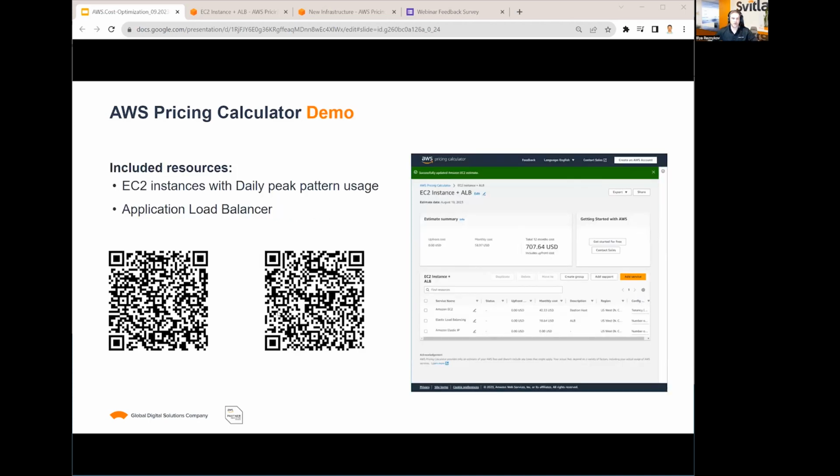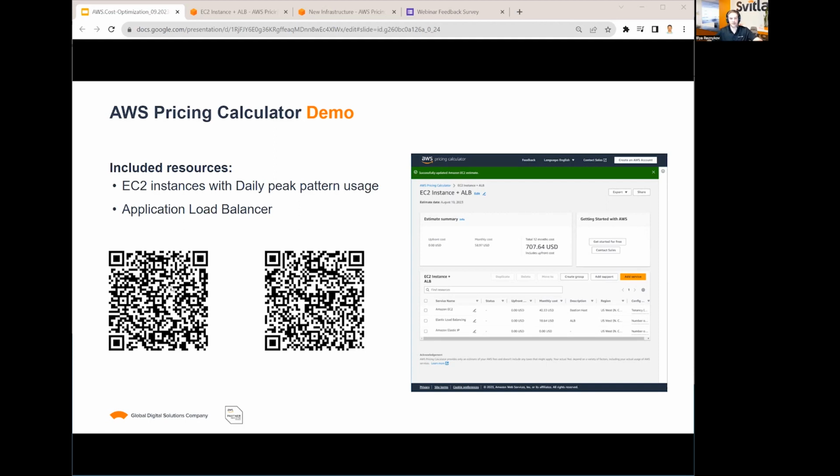So let me provide you two examples. One of them is a small potential infrastructure with EC2 instance, elastic load balancing, and elastic IP. We'll take a look at this a moment later, but let me say that it's not correctly designed from a best practices point of view, because we don't include any networking in this estimation.